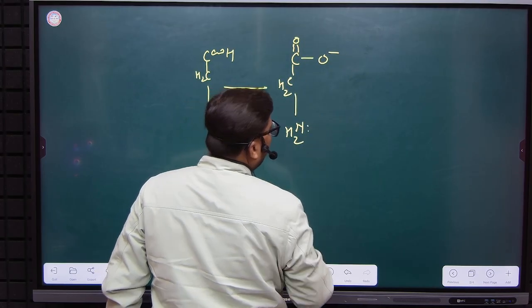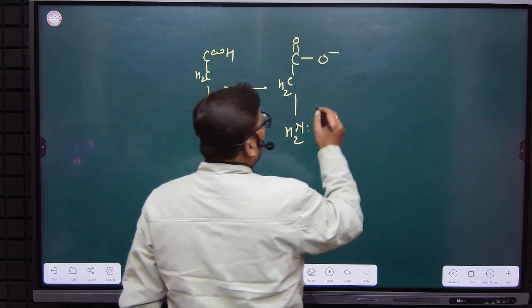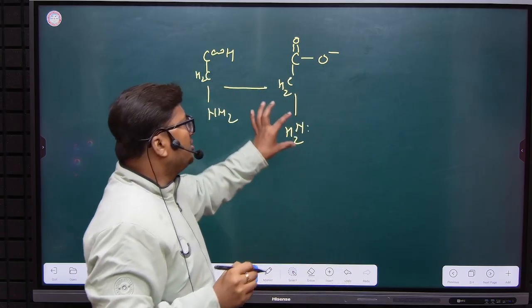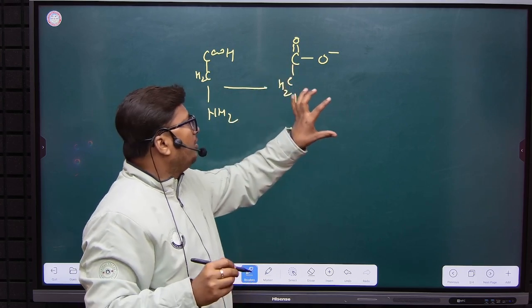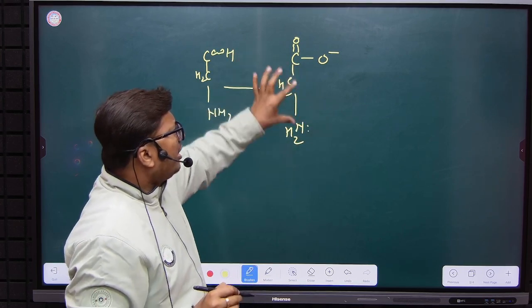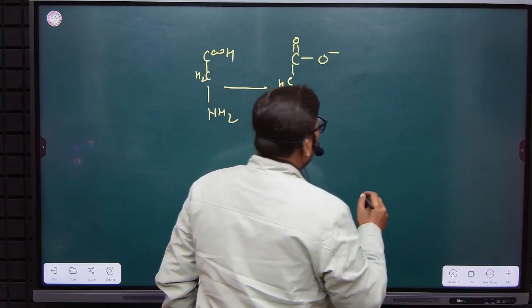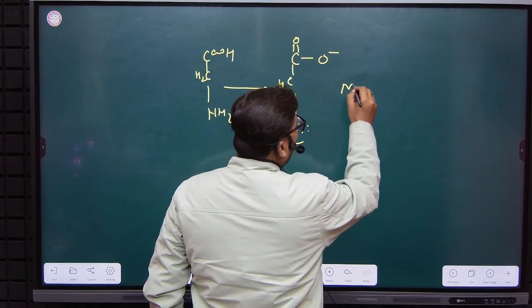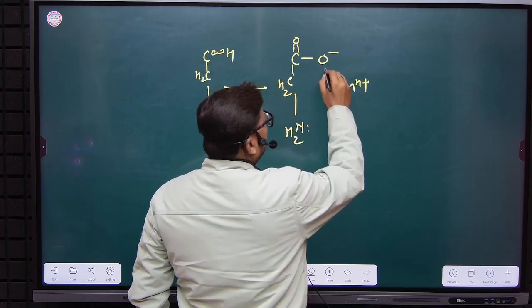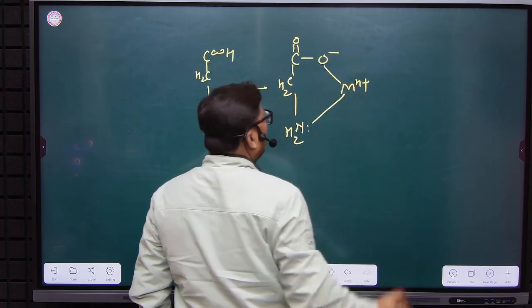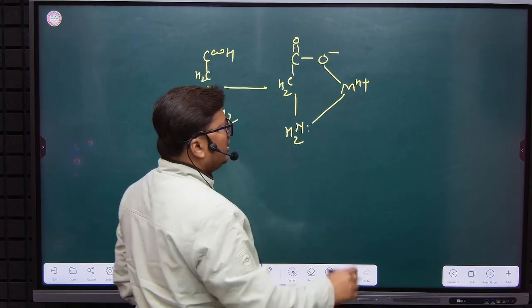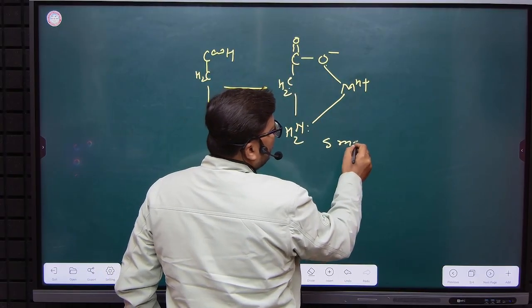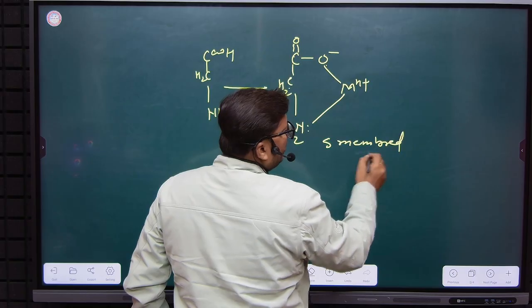It has a pair of electrons and this is an anionic oxygen donor. Because of the two donor sites available on this structure, they also donate their lone pairs to a metal in a particular oxidation state to form a ring-like structure. Here again, 1, 2, 3, 4, 5, five-membered rings.